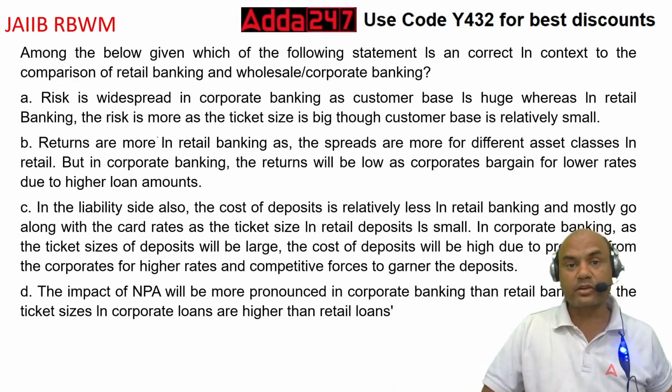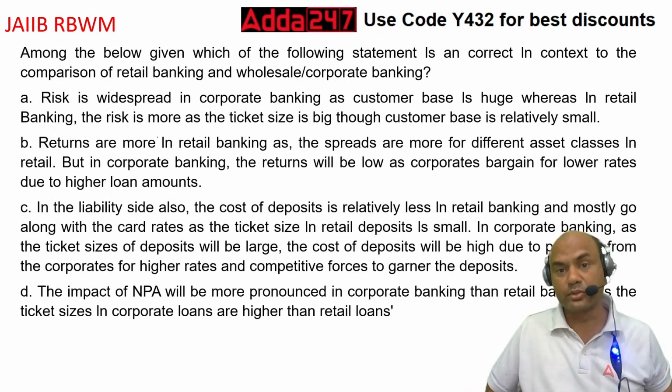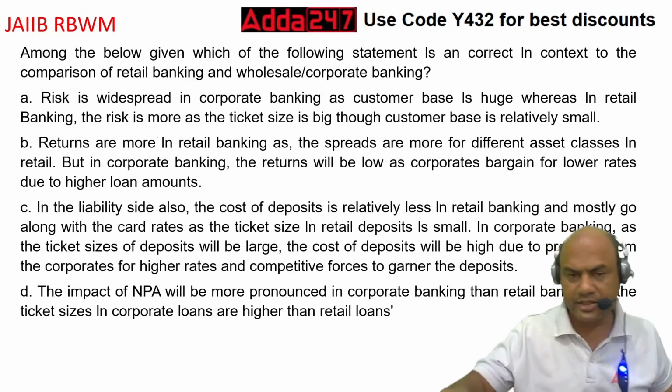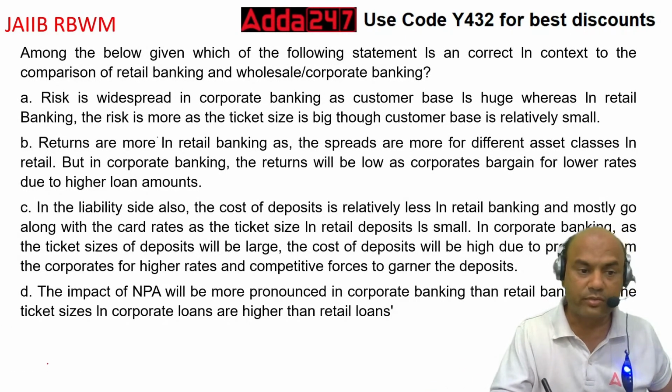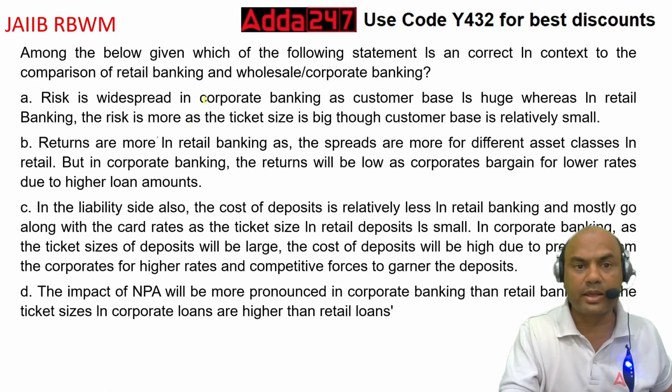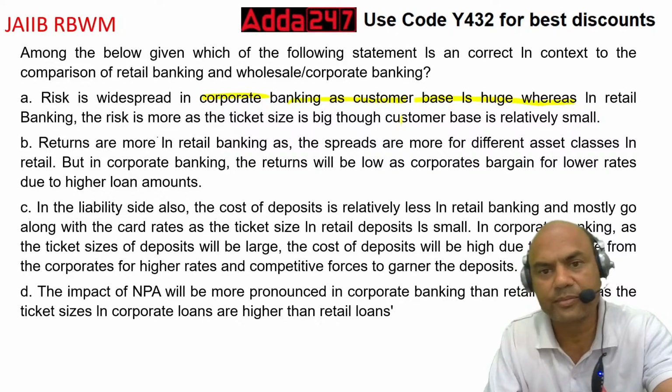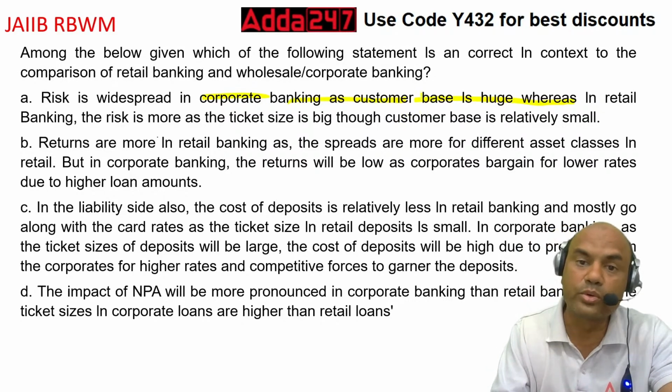In corporate banking, look at this part, very important one. Focus on this. In corporate banking, customer base is huge. Do you have a huge customer base in corporate banking? No. So this is wrong.